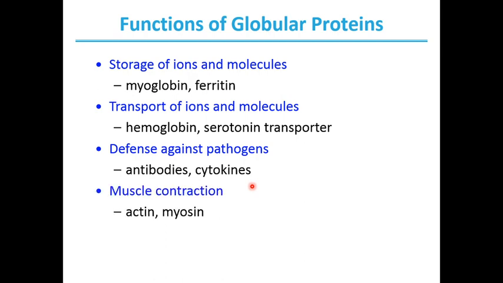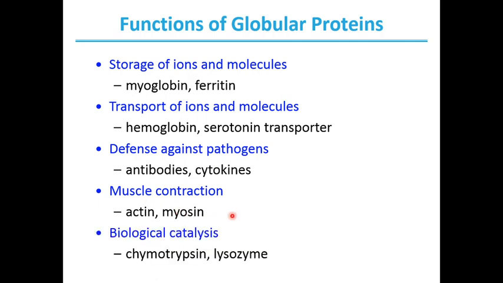Cytokines, another example. Muscle contraction. Actin and myosin are two different proteins that work in tandem to initiate muscle contraction. Biological catalysis. Globular proteins can also be enzymes. Two characteristic enzymes are chymotrypsin and lysozyme.